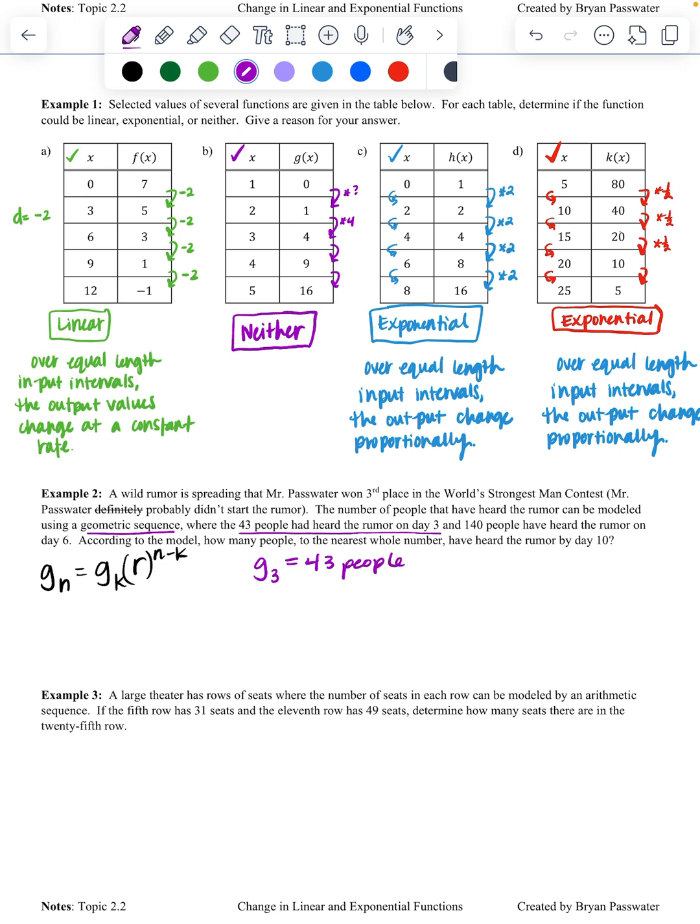Writing some units might be helpful. So the g sub n's represent the number of people, but the n's represent the day. And then 140 people heard the rumor on day 6, so we can say g sub 6 is 140.